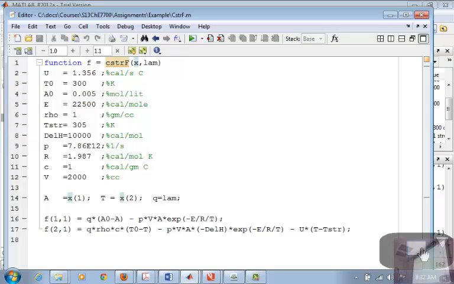The rest of the equations is very easy to understand. This is exactly the same equation that was given in the problem statement, the first function and the second function. Now, why did I put 1,1 and 2,1? I'm making it a column vector. So this function will accept a guess for X and a parameter value for Q and return the 2 function values.